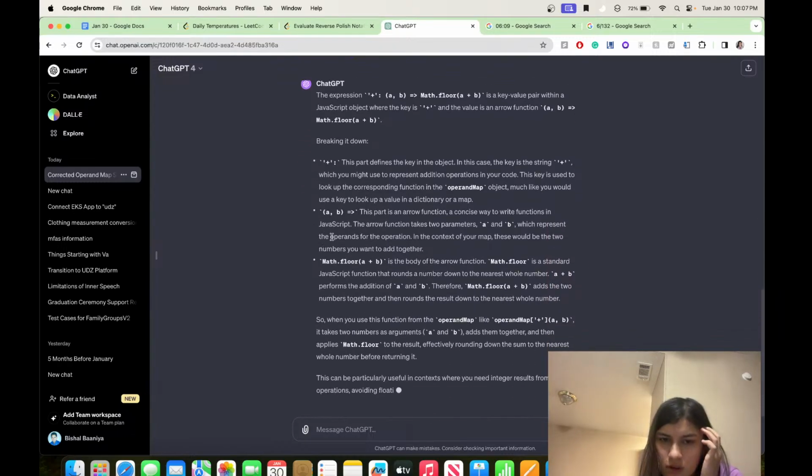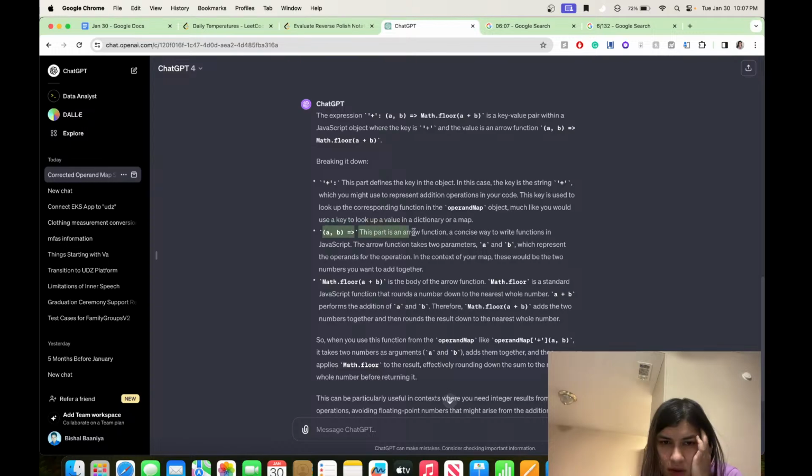Okay, so this is an arrow function, a concise way to write a function in JavaScript. What is an arrow function? Give an example of an arrow function.